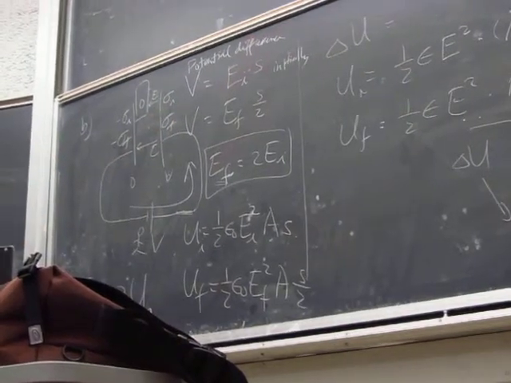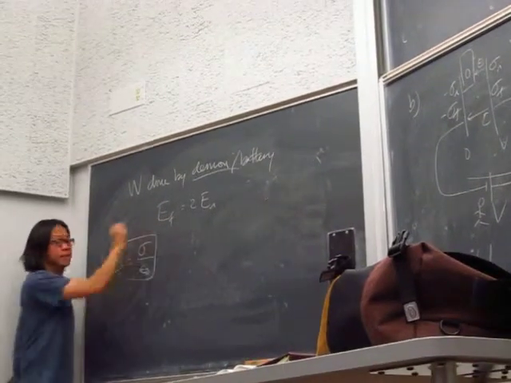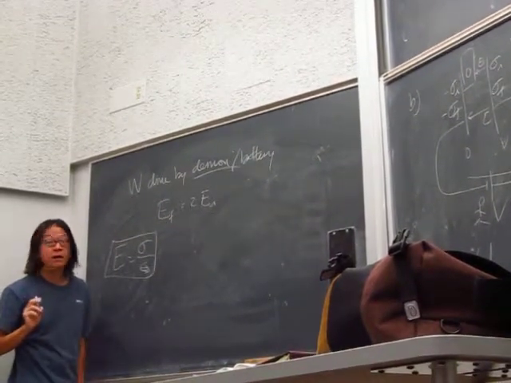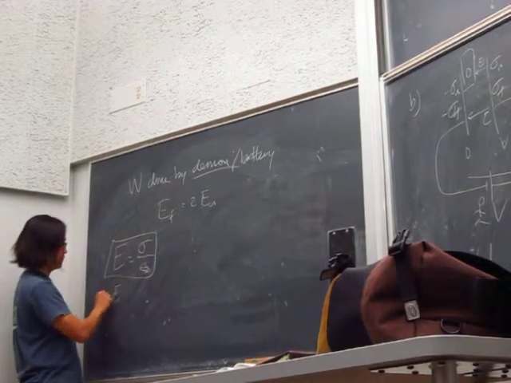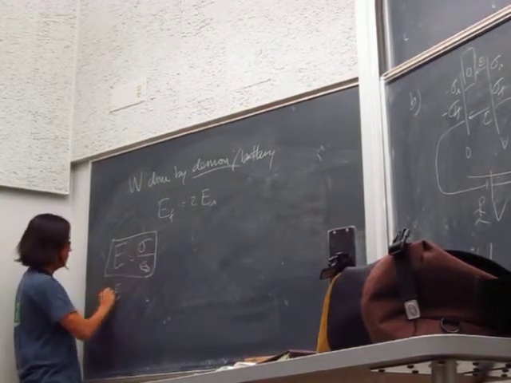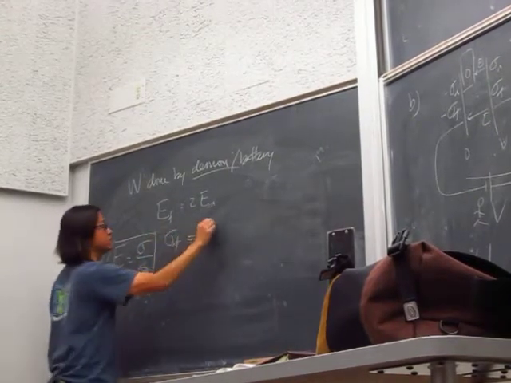But recall that E is equal to sigma over epsilon naught. Therefore, if you have twice the electric field, then you have twice the sigma. So sigma_f is equal to 2 sigma_i.